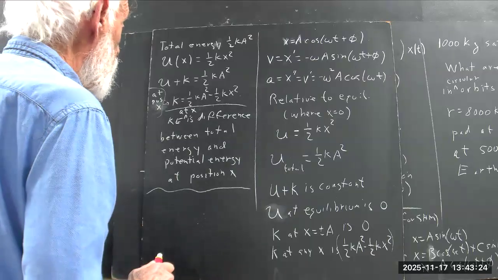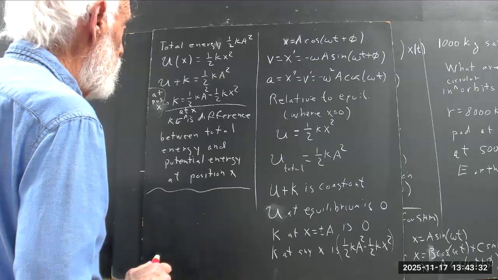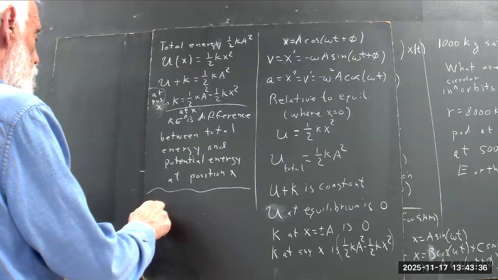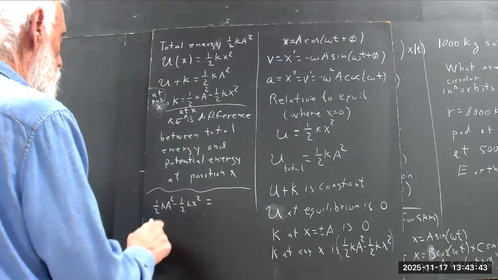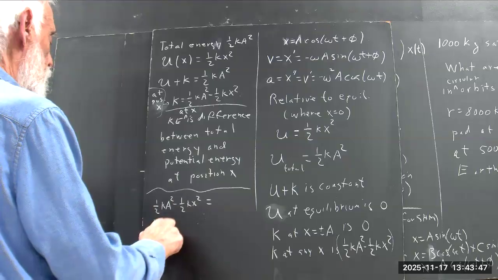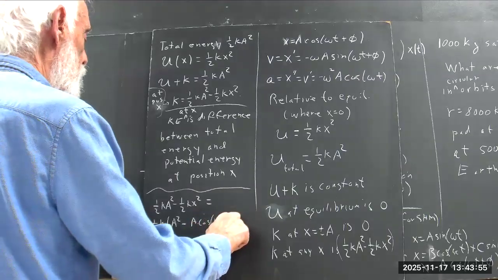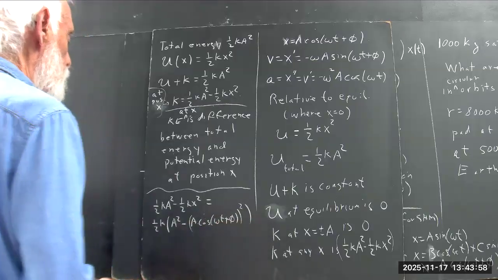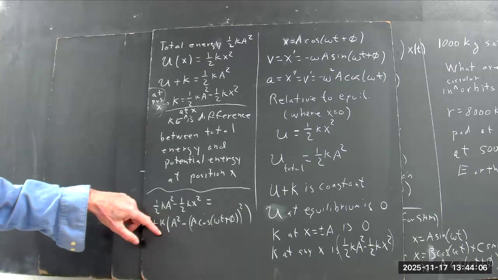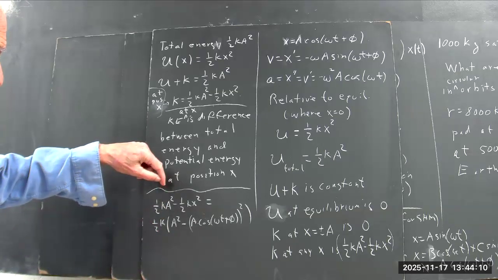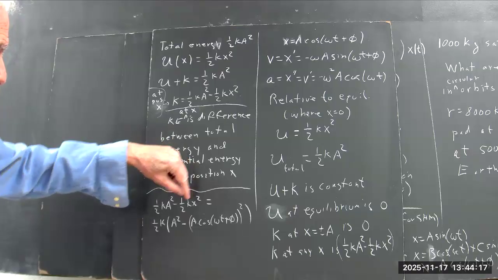We go just a little further. If we replace, I'm going to factor out the 1/2 K. And I'm going to keep the A squared here, but this is just A squared minus X squared.